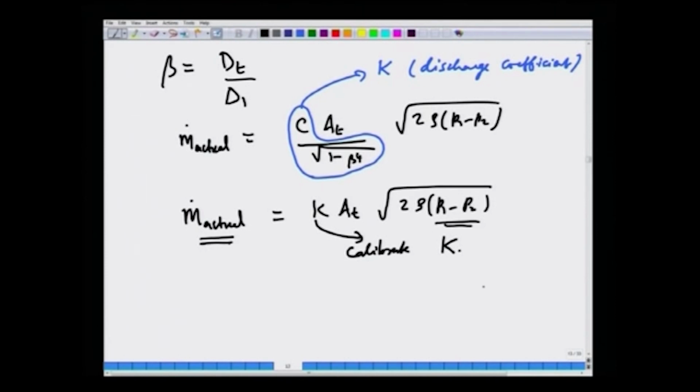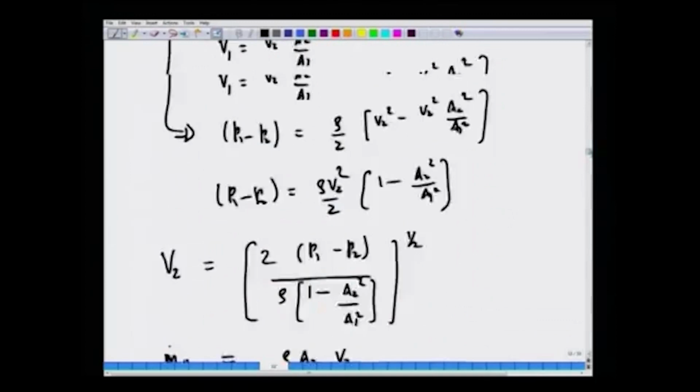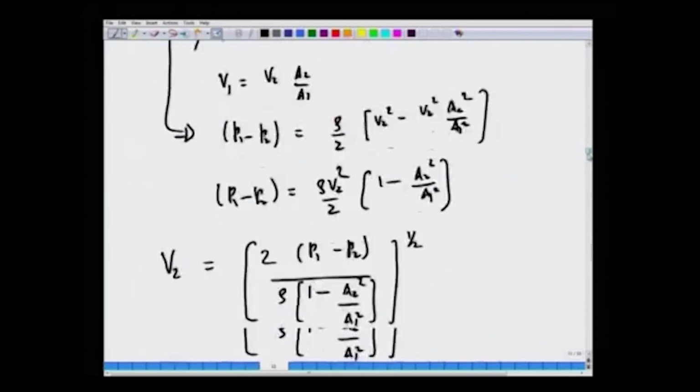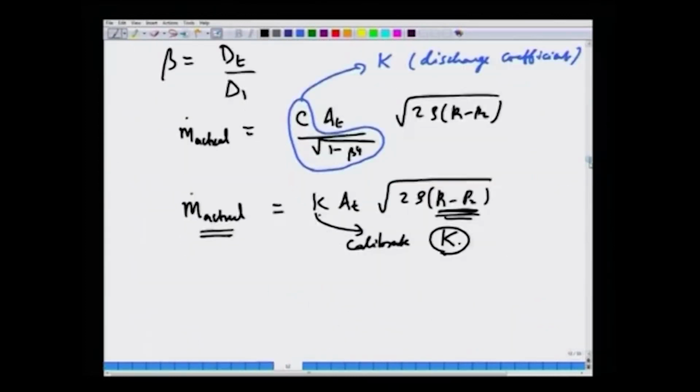Once you have calibrated K for a given flow meter, for an unknown value of flow rate, you can use this equation by just simply measuring the pressure between the 2 points 1 and 2. So, essentially what is normally done is to put a manometer between these 2 points, and to measure the pressure drop, and that will give us an accurate estimate of the actual mass flow rate that is happening.